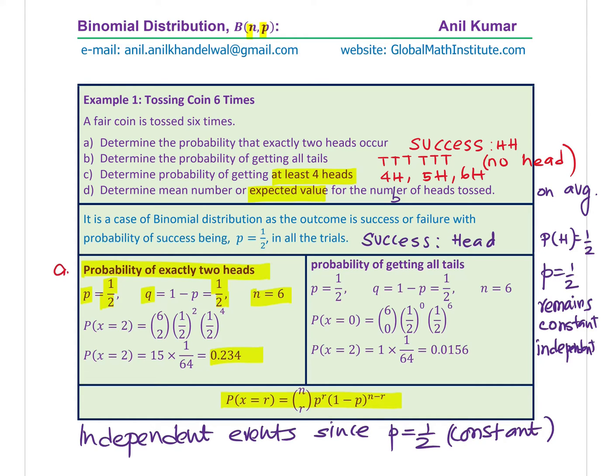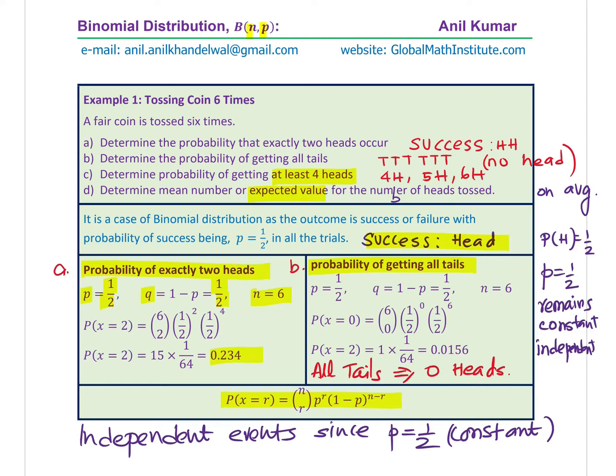Now let's do part B, which is the probability of getting all tails. We have defined success as getting heads, so all tails means 0 heads.